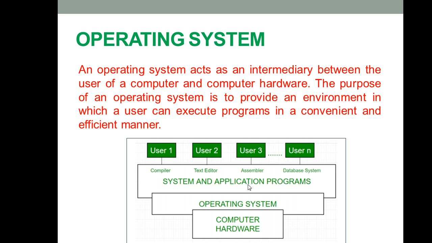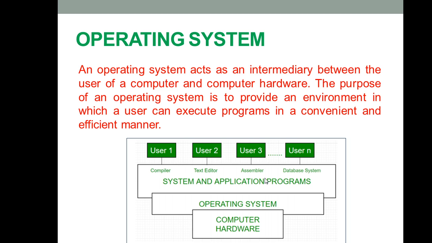So in system and application programs, meaning system and application software, if any user wants to use any kind of application software, then the first need is to have the operating system. Okay, then only you can run any other kind of application software. Okay, hope this diagram is clear to everyone.